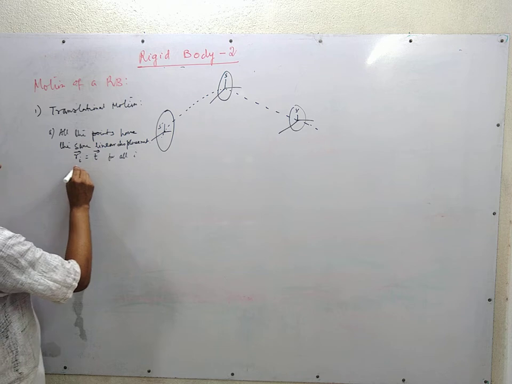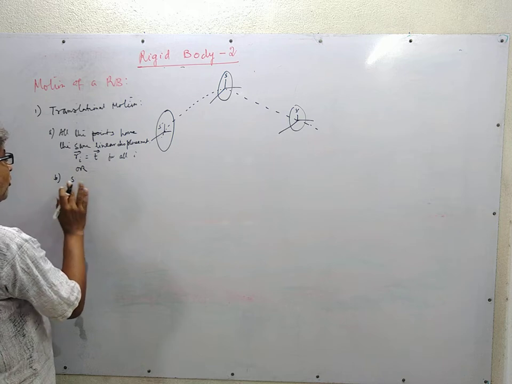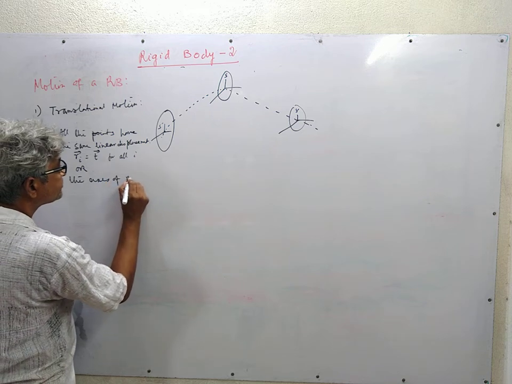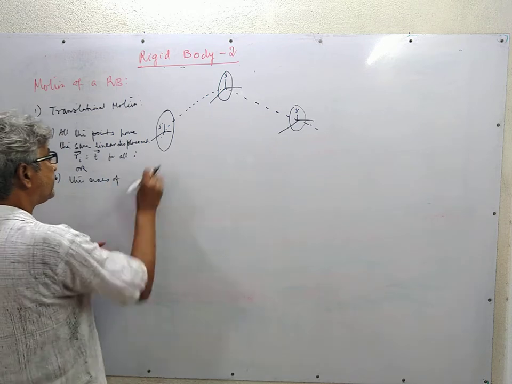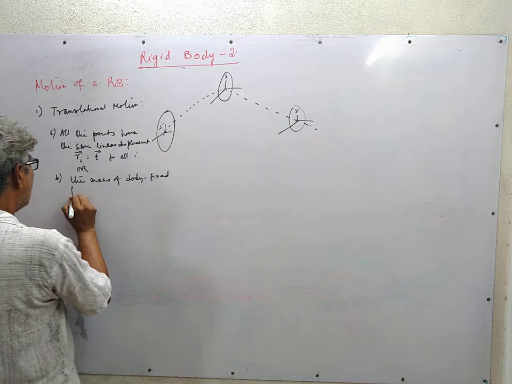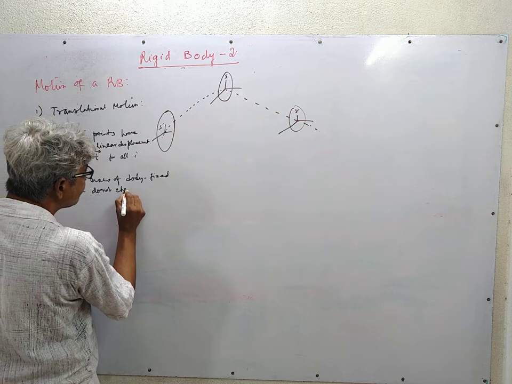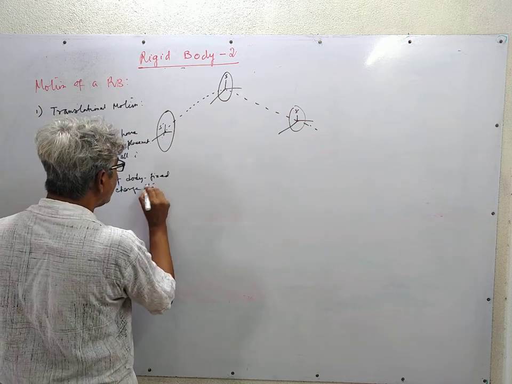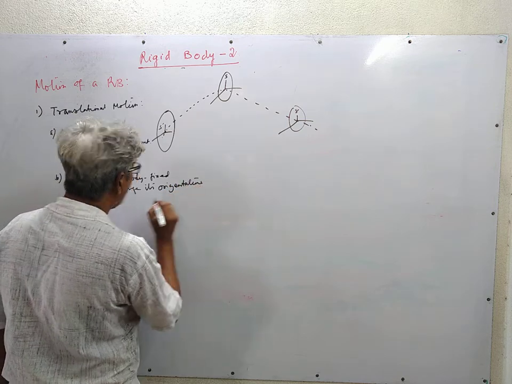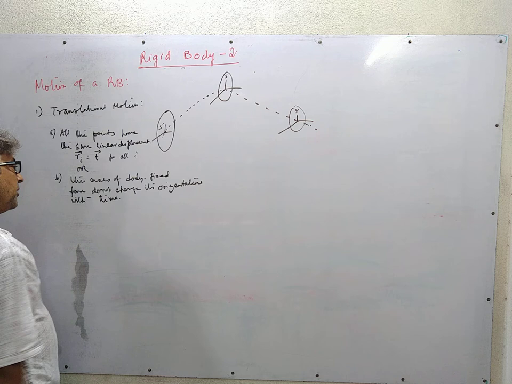Or we may define that the axes of the S prime frame, the body fixed frame, do not change their orientation with the passage of time. So the axes remain parallel.